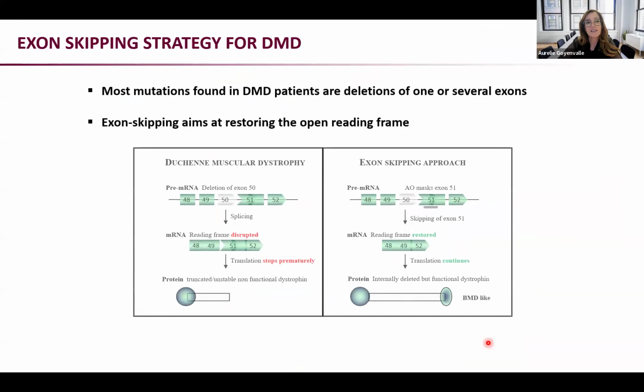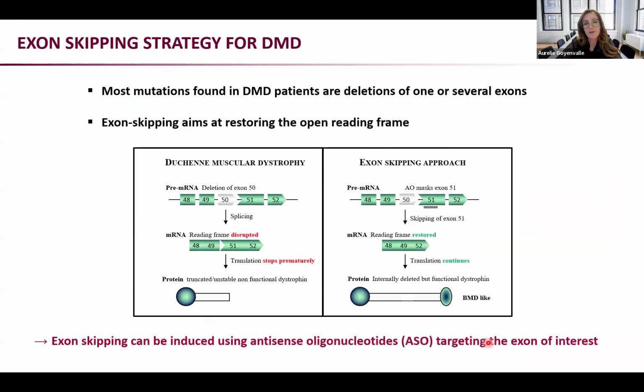So the idea of the exon-skipping strategy for Duchenne muscular dystrophy actually emerged in the 90s, so it's been a while, and it was initially considered because most of the mutation that are found in DMD patients are actual deletions of one or several exons, and this is represented here with a deletion of exon 50.